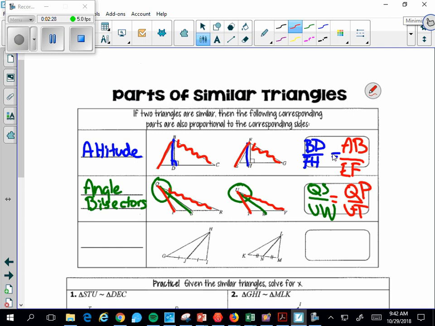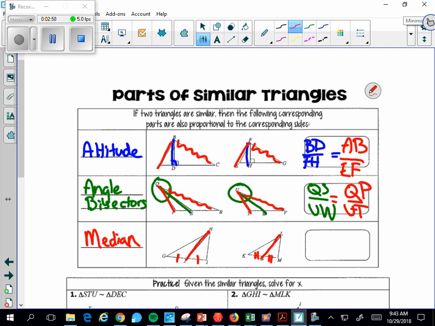And then the last one I'm looking at, my final part down here, is my median. Remember, my median goes from a vertex to the midpoint of the opposite side. I can tell it's a median because those two are congruent to each other. So there are my medians.